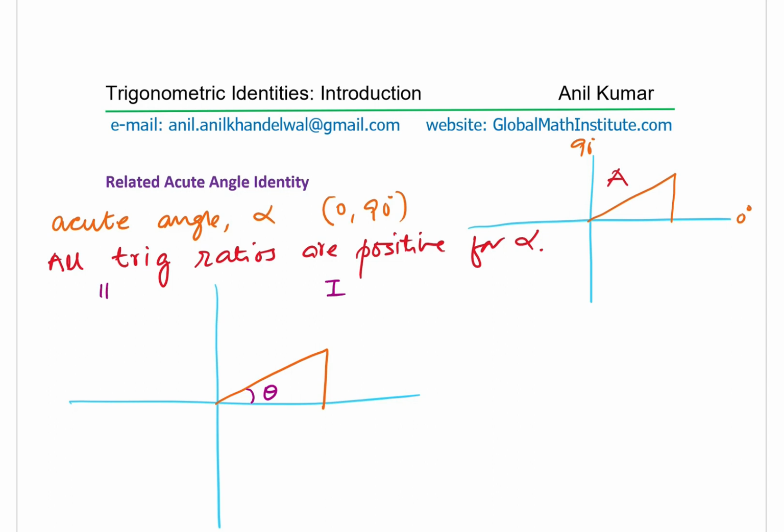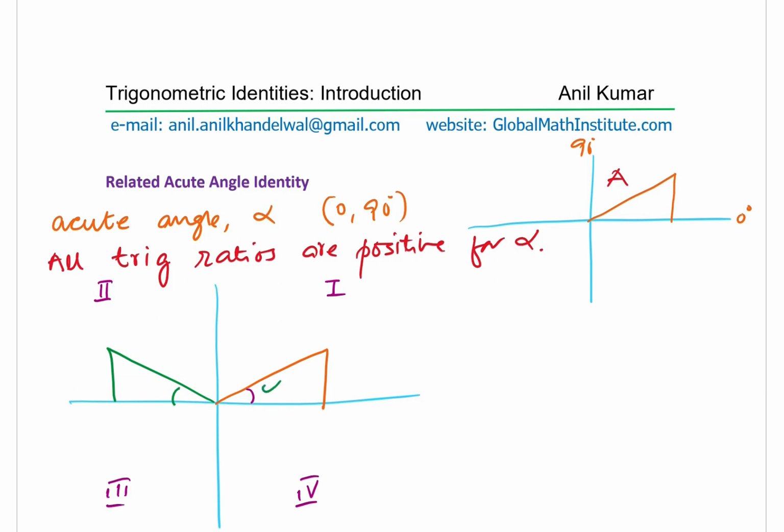Now what happens in quadrants 2, 3, and 4? If I have a triangle similar to this in quadrant 2 with the same angle theta as an acute angle, so we are talking about the acute angle theta, let me name this as alpha to make it much more clear.